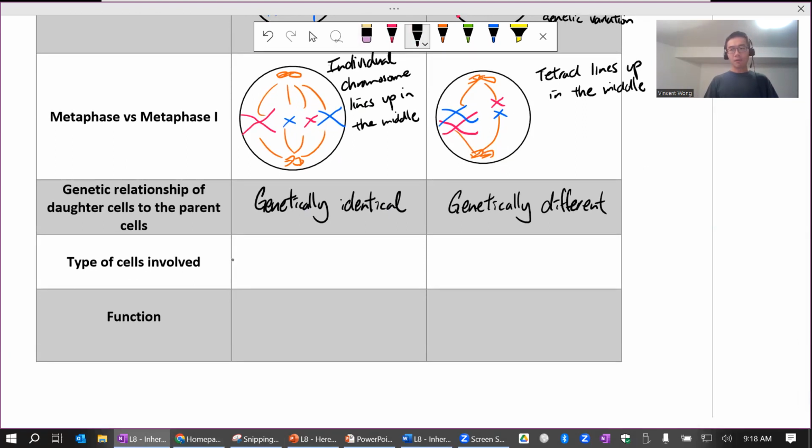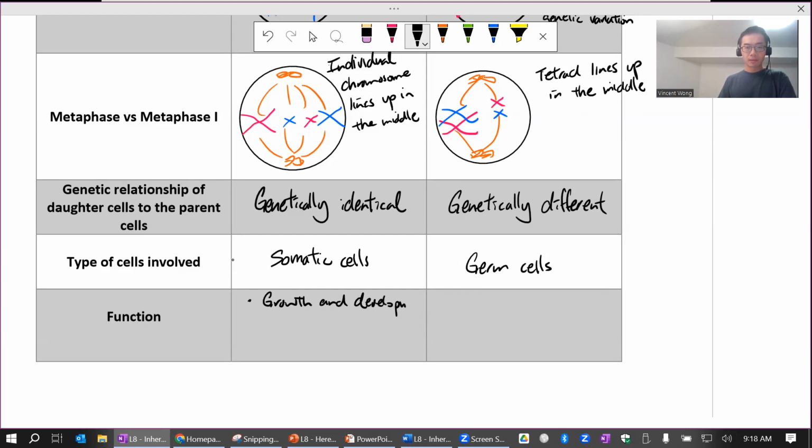Type of cells involved: somatic cells for mitosis, and germ cells for meiosis. Why do cells do mitosis? For growth and development, for repair, and sometimes for asexual reproduction.